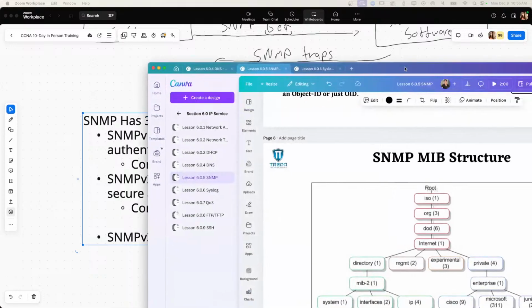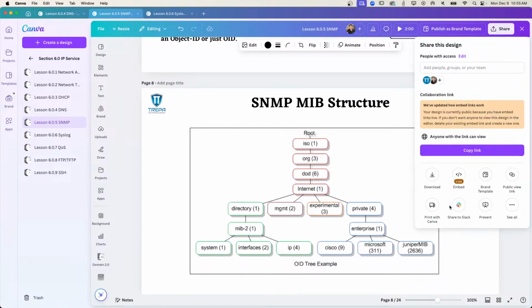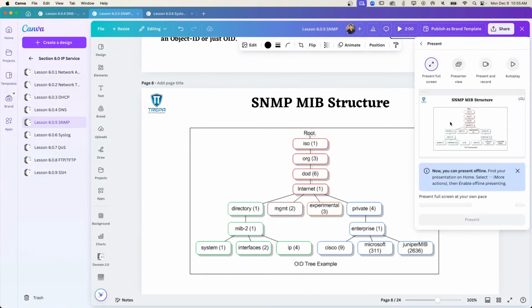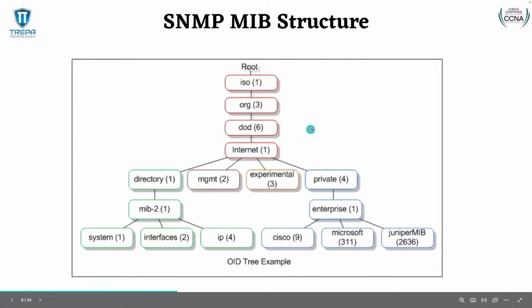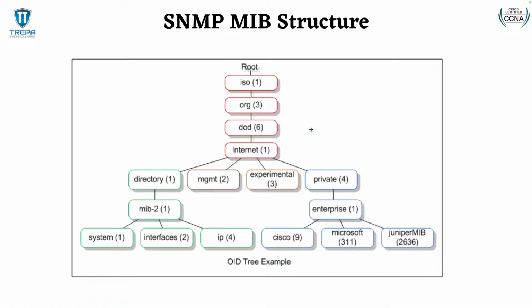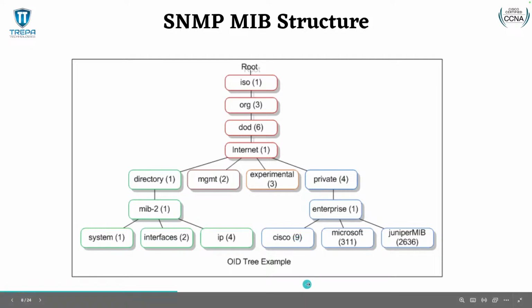Let me just show you one thing real quick. Remember I was talking about the management information base having a bunch of OIDs? This is what it looks like. If I'm looking for an interface under Cisco, my OID will be 1.3.6.1.4.1.9, and then there'll be more down here.